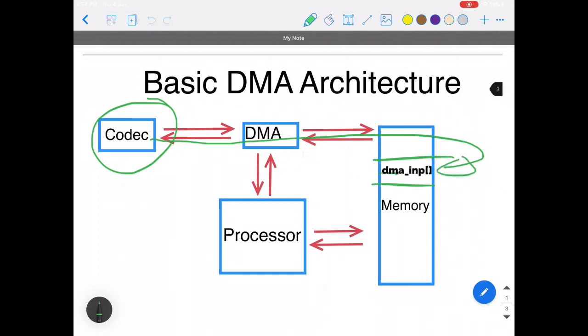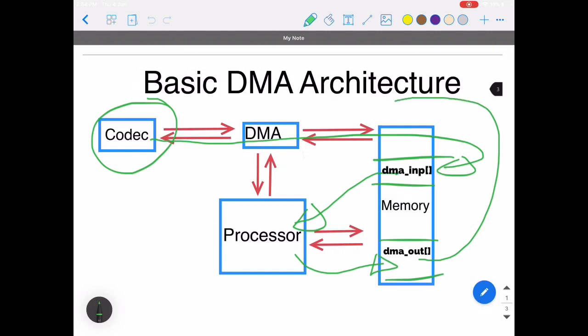This memory location is read by the processor. The processor will process the input data sample and put the output data sample in some other memory location, which is accessible by DMA. DMA will read the output sample data and put it on the codec. This is the flow diagram of how DMA works.